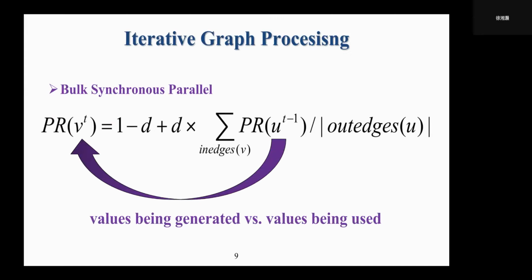In this PageRank example, the rank value of vertex v in iteration t is dependent on the value of each neighbor u in iteration t-1. By such separating of the values being generated and the values being used, the BSP model can ensure the consistency and correctness of algorithm executions.